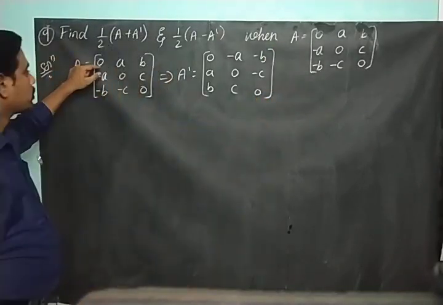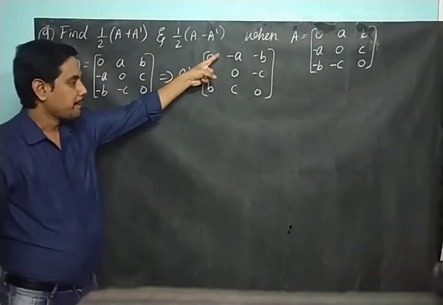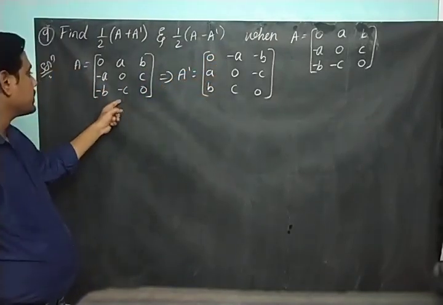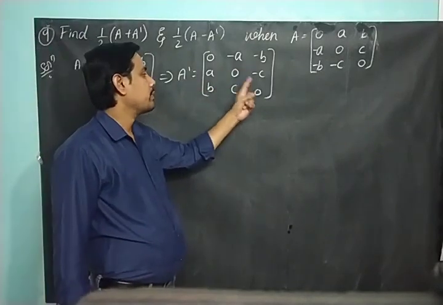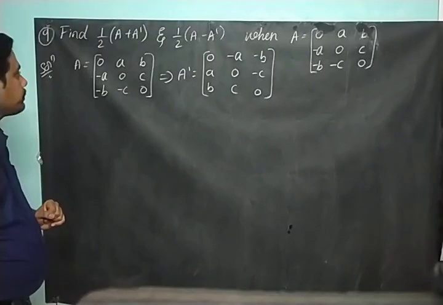See, first row is 0 A B, second row is minus A 0 C, third row is minus B minus C 0. Right, this is A dash.